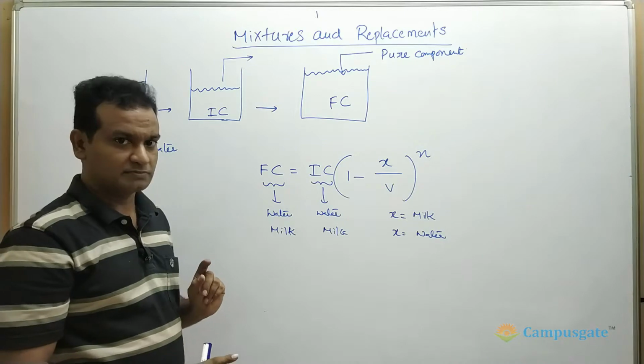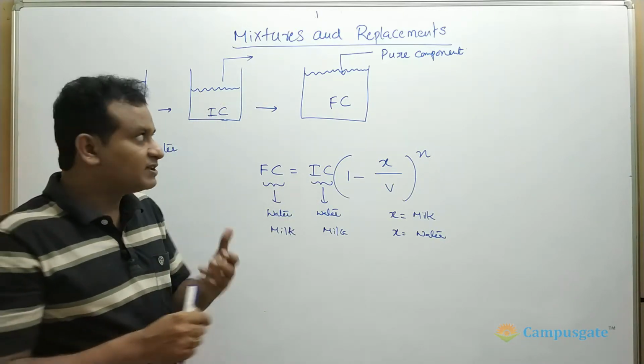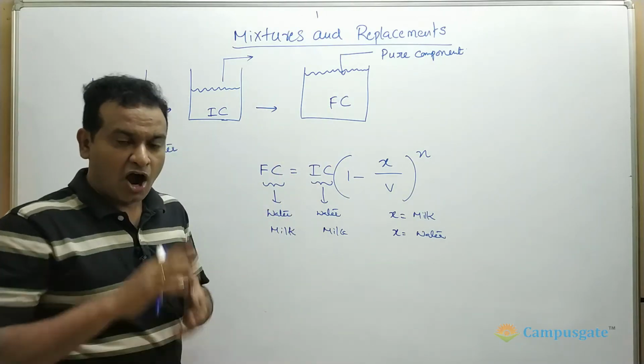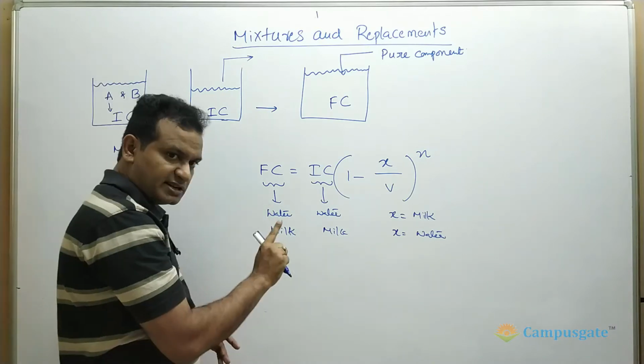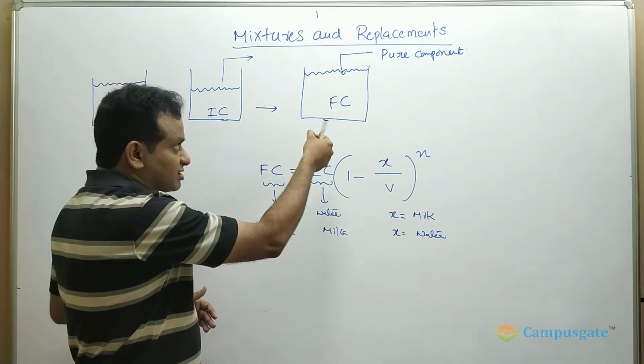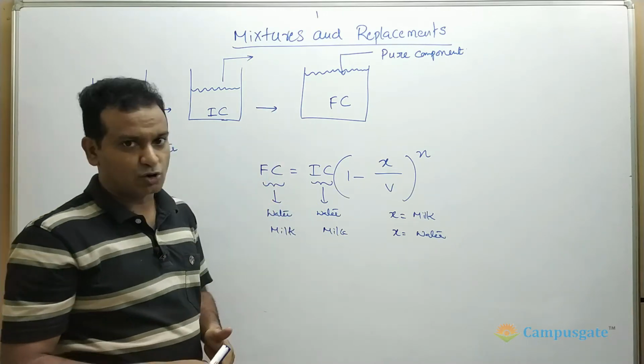That is very, very important. Also final concentration is the concentration immediately after the addition of the pure component. After that they may remove some mixer, but you should not consider that.